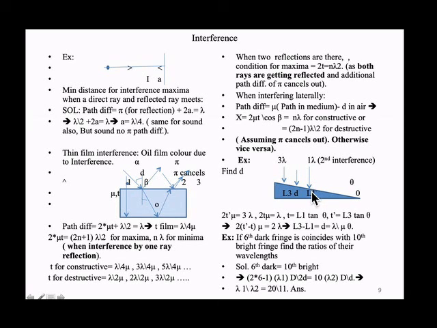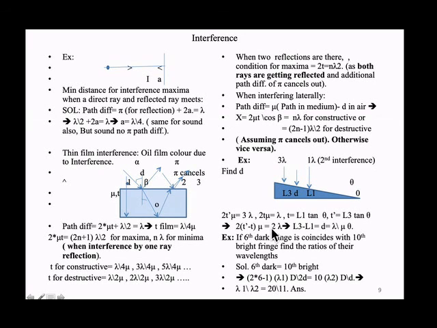At the other point, 2Tμ is equal to λ. Here the path difference is λ. He has given path difference λ and path difference 3λ, and he is assuming both got reflected and meeting, because π is not there. So what is T1? T dash is L3 tan θ, T is L1 tan θ.